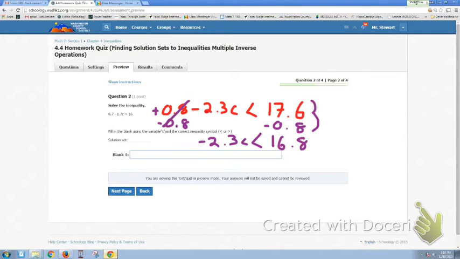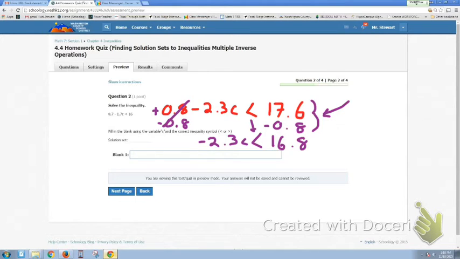This is all Chapter 2 and Chapter 1 stuff that we spent so much time with at the beginning of the year. So we keep doing this over and over again. If you're struggling with this, then we'll need to work some more on just basic addition and subtraction. But for now, the inequality stays in the same direction because I did not multiply or divide by a negative value.